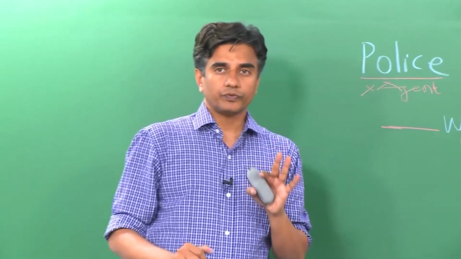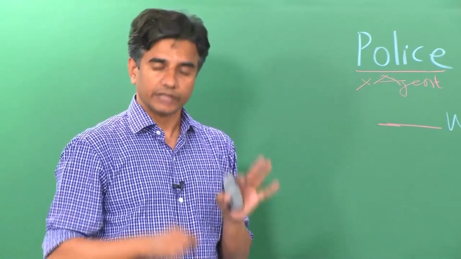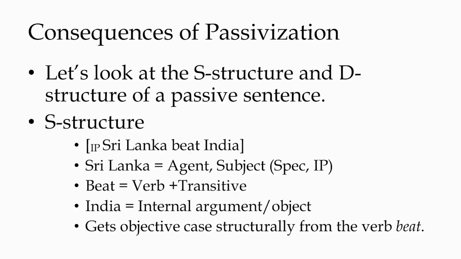Let's look at the screen and try to understand this carefully with the sentence, Sri Lanka beat India. Sri Lanka has the theta role agent; it's the subject of the sentence. Beat is the verb, a transitive verb. India is an internal argument of the verb, the direct object of the verb beat, and gets objective case structurally from it.